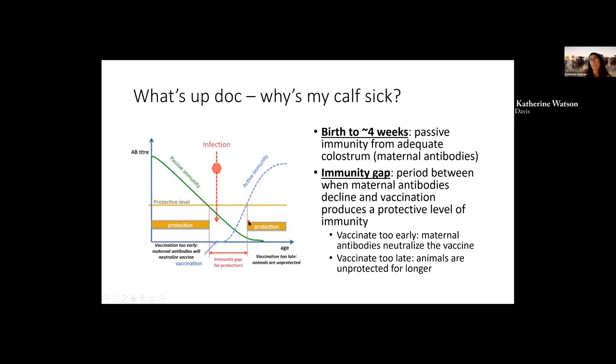And so they're more susceptible to getting a disease, including bovine respiratory disease. Some people might say, well, we should just vaccinate earlier so that we can narrow that window. And we are trying to optimize those vaccination protocols. But if you vaccinate too early, those maternal antibodies make the vaccine not very effective. And if you vaccinate too late, the animals are unprotected for a longer gap period.